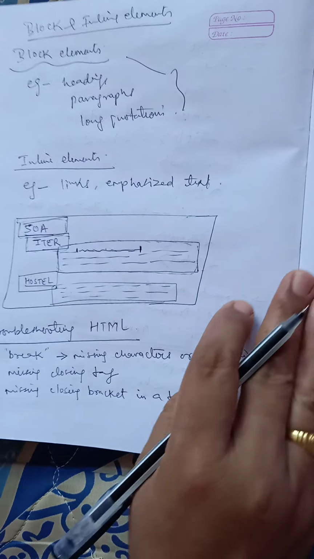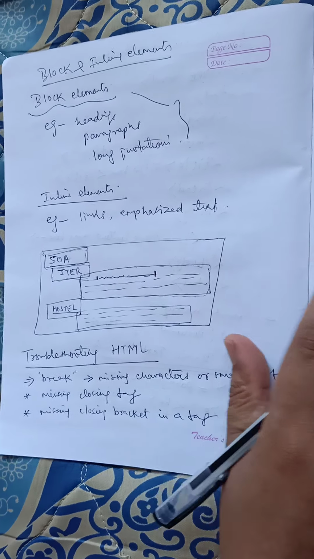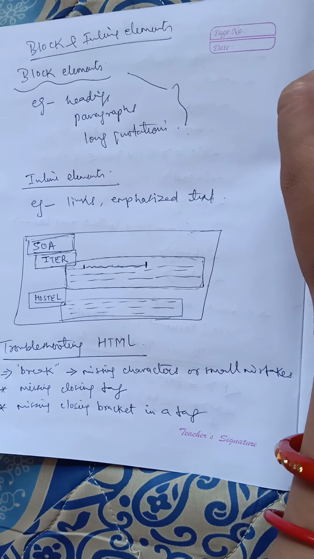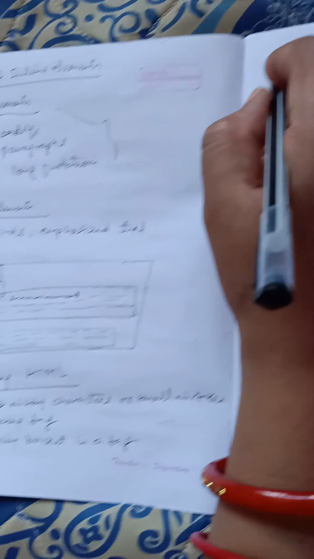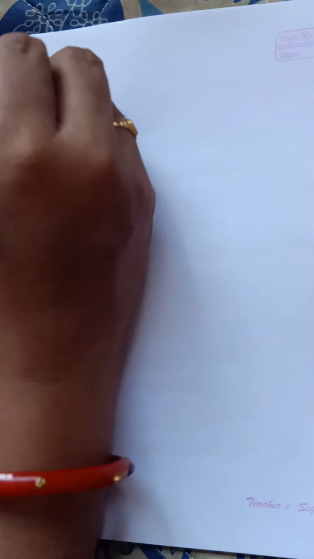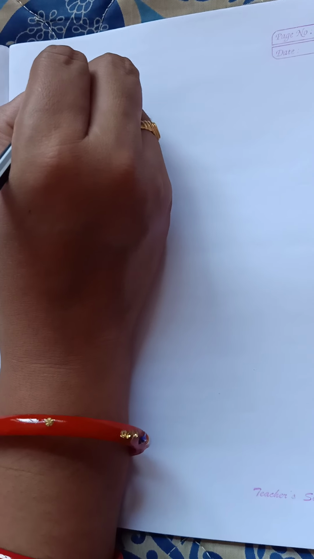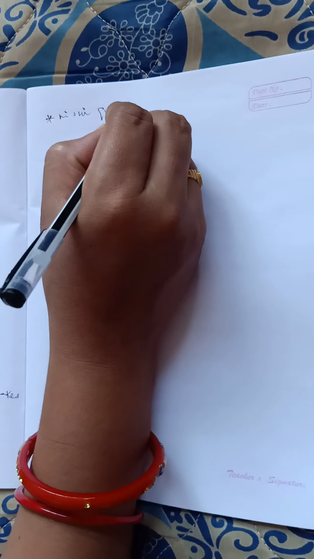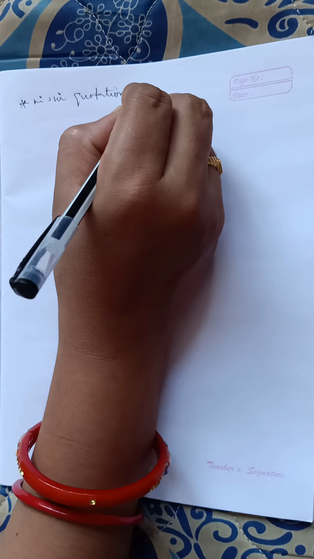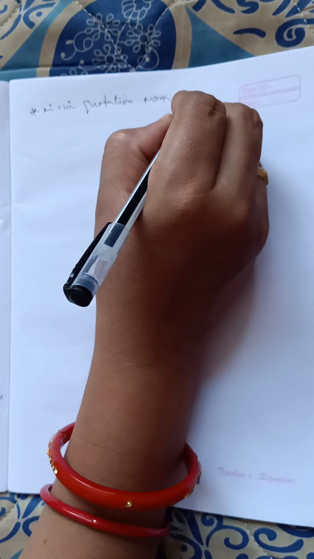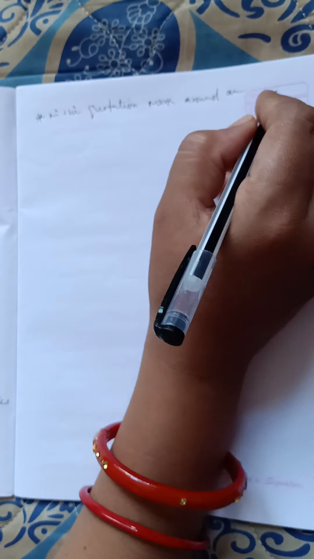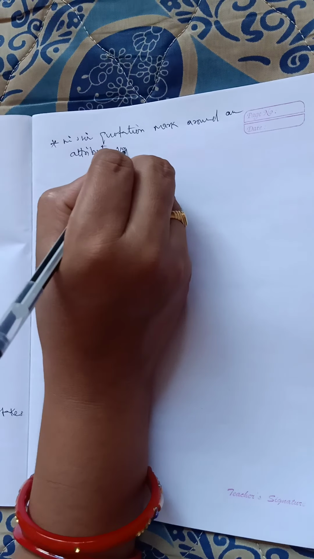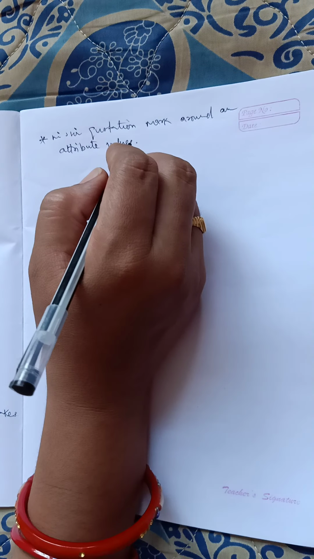Okay, then third is a missing quotation mark around an attribute value.